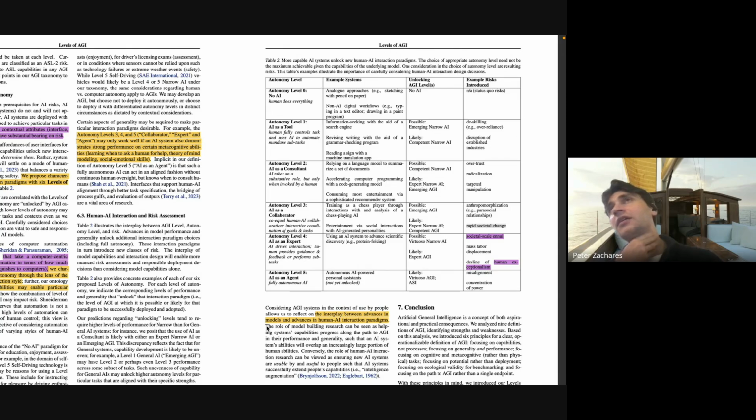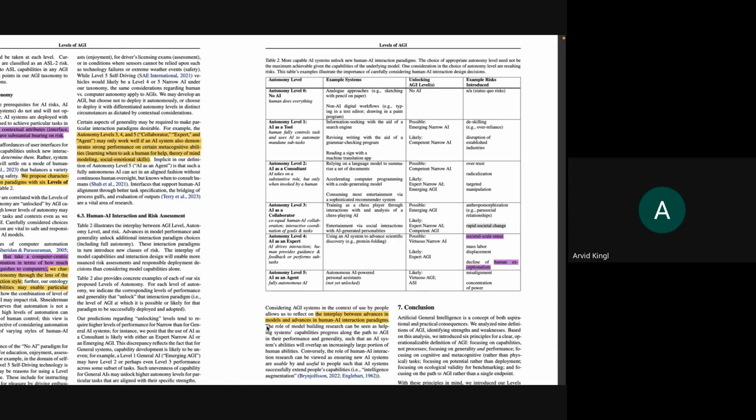I do think that LLMs right now are being used in this sense, and they are causing rapid societal change. But anyway, AI as an expert is level 4. Arguably with spelling correction, how has spelling changed?